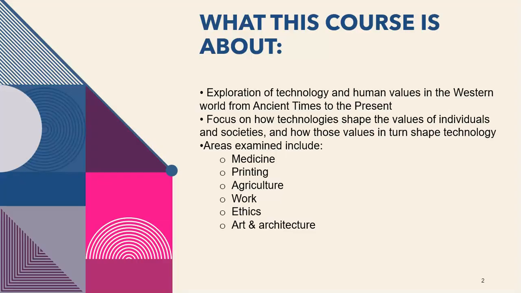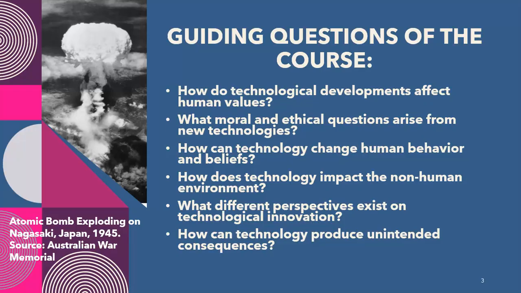or interests. The guiding questions we'll be dealing with throughout this class are: What are the impacts of technological developments on human values? What are the moral and ethical implications that arise from technological change? How can technological innovation change human behavior and human values?